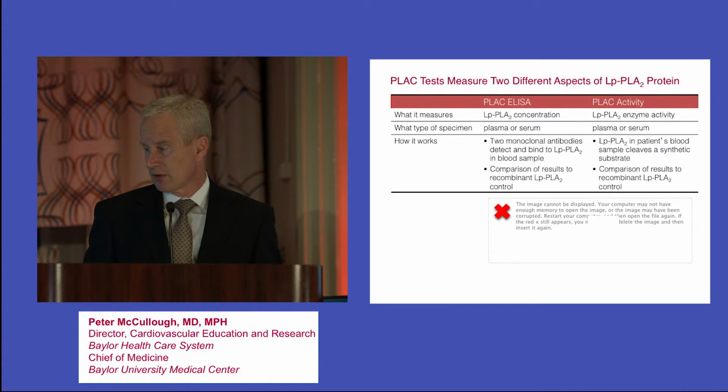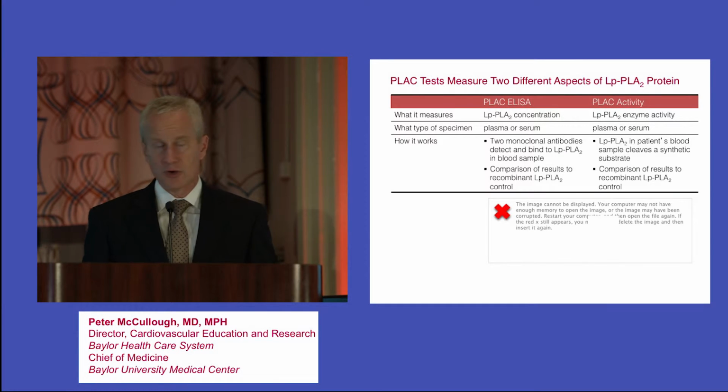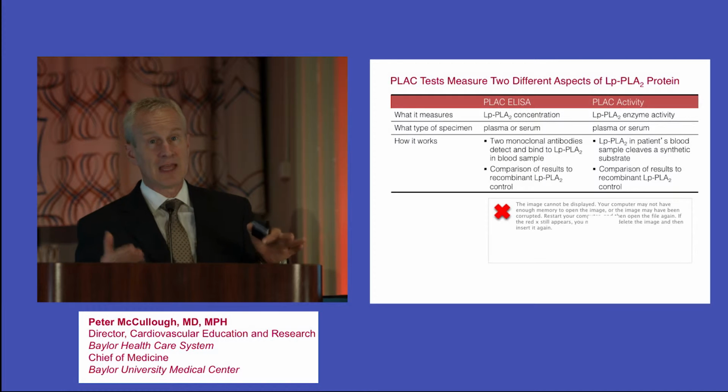The other method, the new method that's just become available, is the enzyme activity assay, where a patient's blood sample is provided to a substrate, and we actually look at the amount of conversion of a synthetic substrate and the activity of the enzyme.